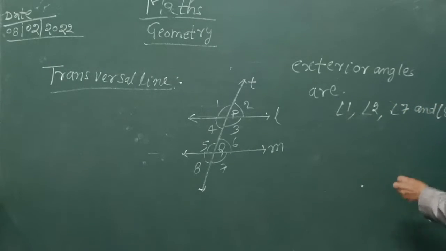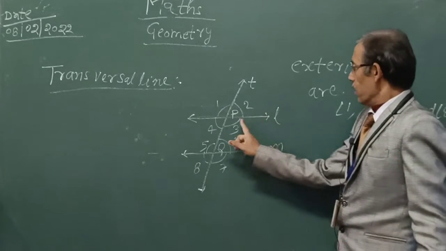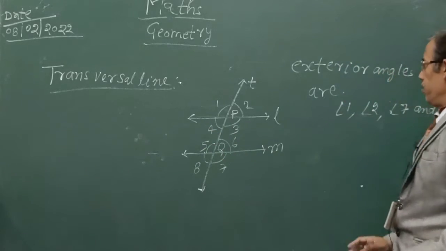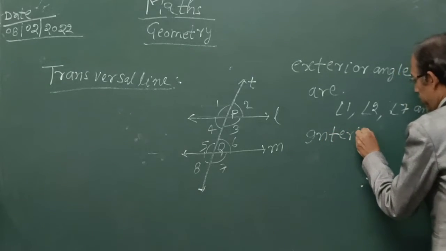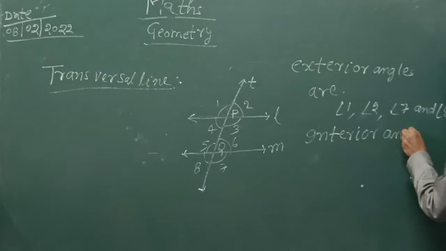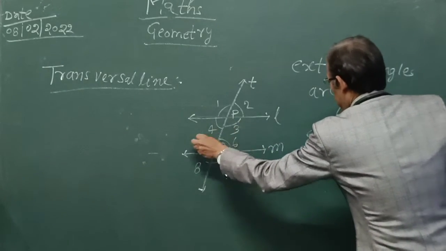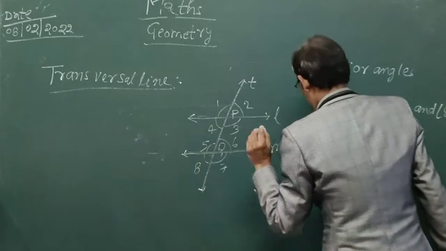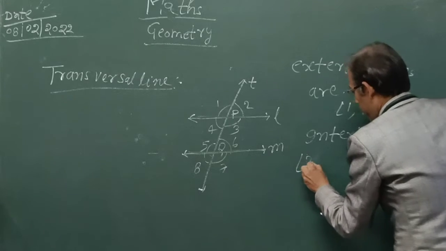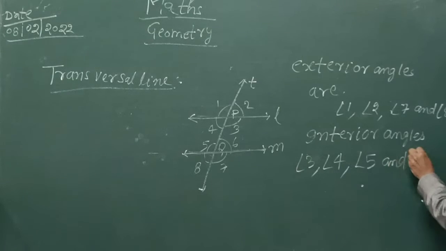These are exterior angles because these angles are made outside the two lines L and M. And interior angles are those angles which are made inside the lines L and M, which means angle 3, angle 4, angle 5 and angle 6. These are interior angles.